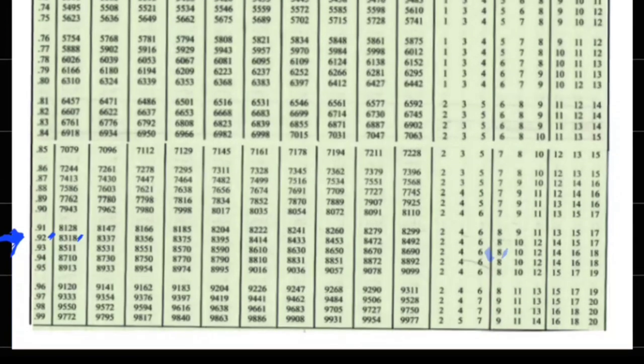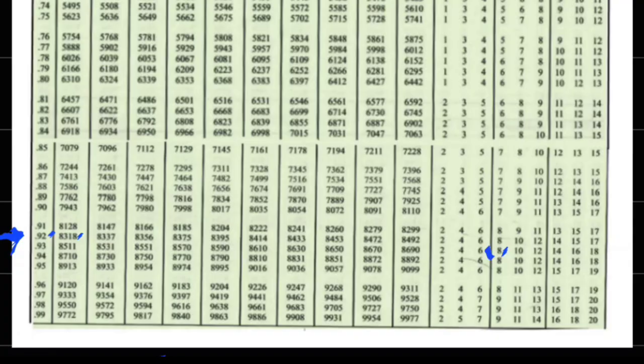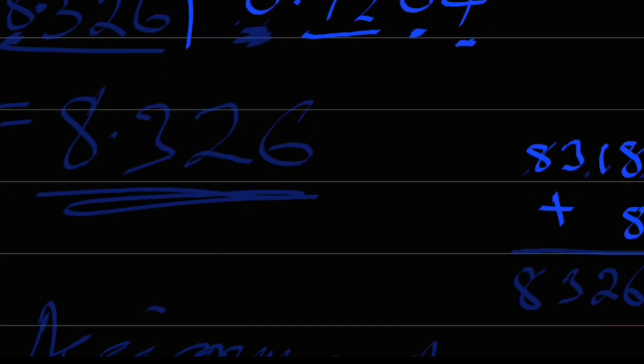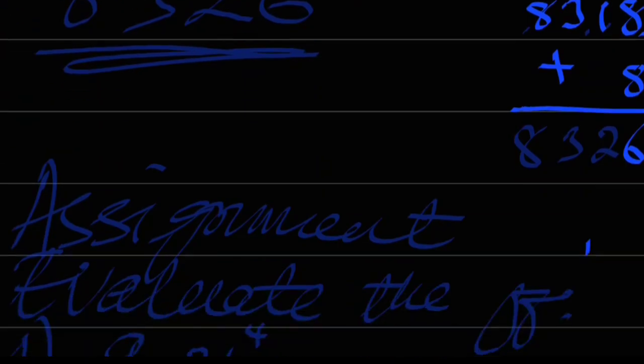Look at it here. It's 8. You will now come and add the 8. Here's our 8. Let's add it. 8 plus 8, 16. Write down 6, carry 1. 1 plus 1, 2. We have 3 here, and we have 8 here. That gives us 8326.